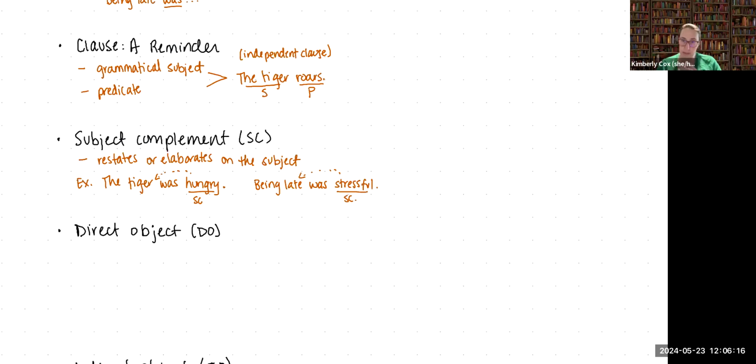So the subject complement almost always appears in sentences that have a form of the verb to be as its predicate. It also appears commonly in sentences that feature the word become. So, they became cops, right? That's still restating the subject or elaborating on the subject, and thus it's a subject complement.